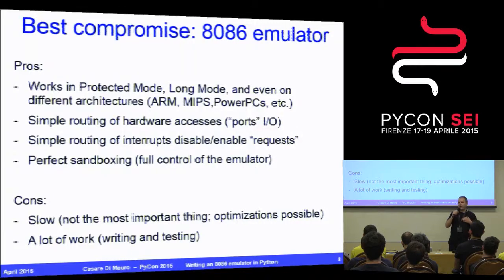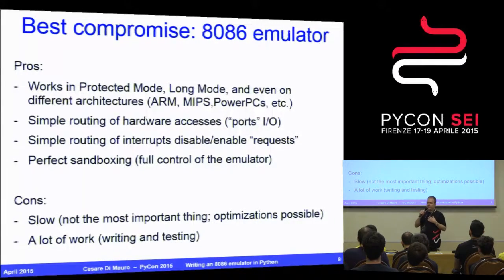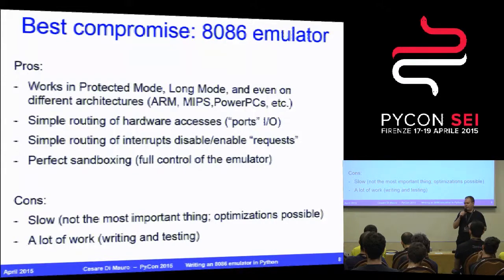So basically, you are running everything inside a perfect sandbox. Unfortunately, such a solution also has some drawbacks. It's slow because we are emulating something, and it also requires a lot of work and testing.